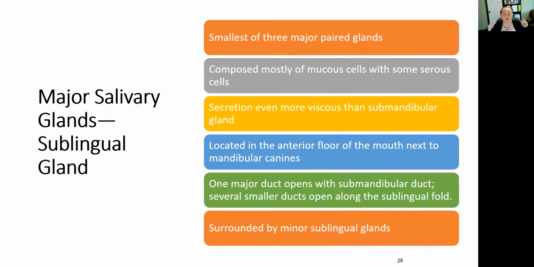So on that sublingual caruncle, it's also draining the sublingual. But then you have this loose tissue next to it, and there's several ducts on that also that are draining the sublingual gland. It is surrounded by minor sublingual glands, okay?